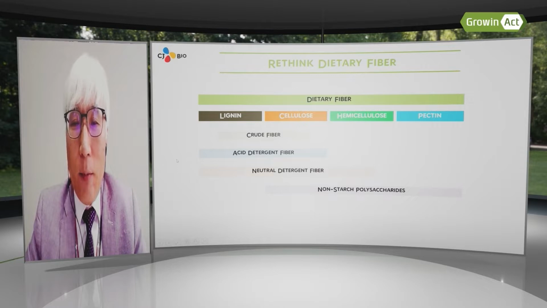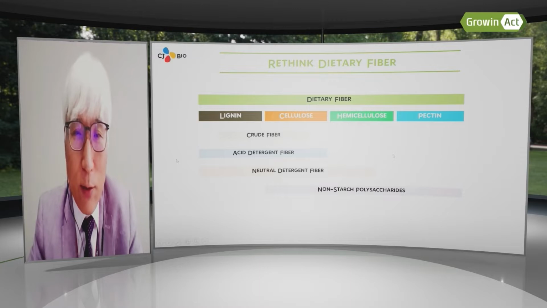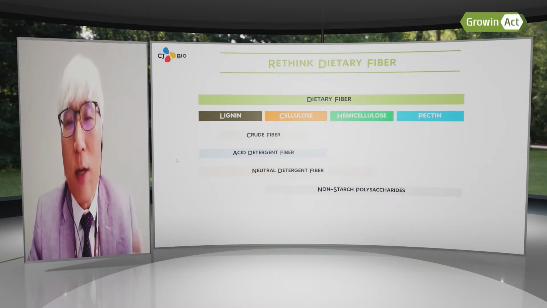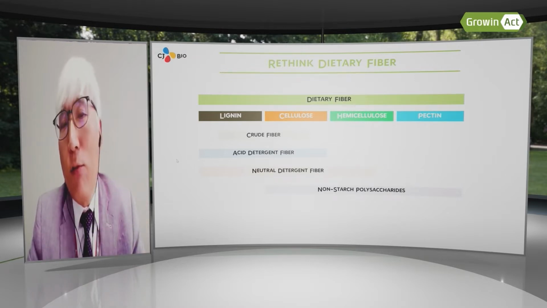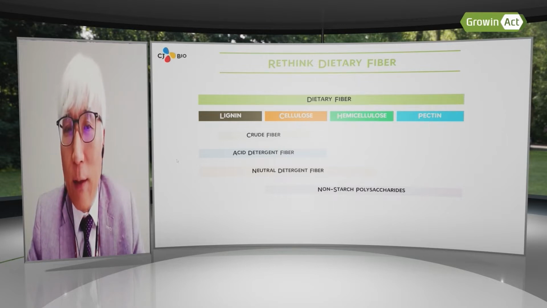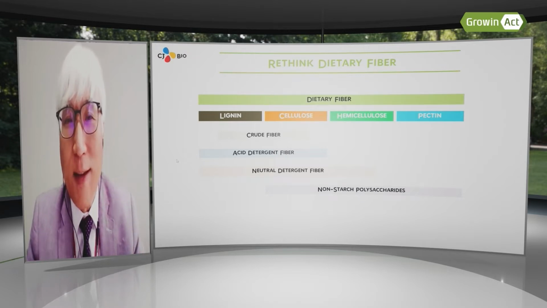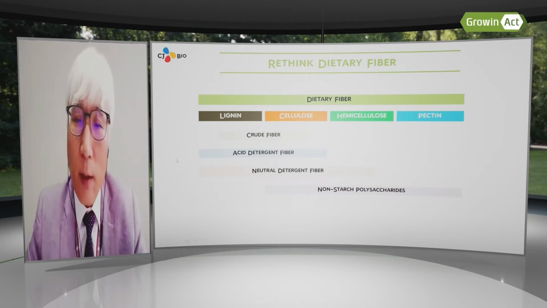Non-starch polysaccharide can detect cellulose, hemicellulose, and pectin. But in monogastric animal nutrition, when talking about the functional fiber fraction that we can manipulate during the time digesta stay in the gastrointestinal tract, cellulose is often excluded from the discussion, because it is very difficult to hydrolyze or manipulate cellulose during that time.